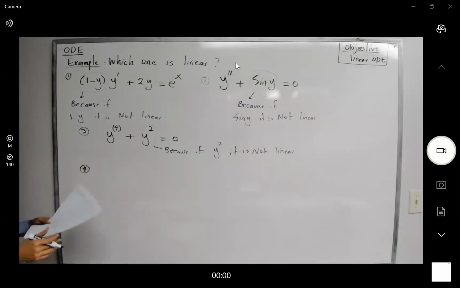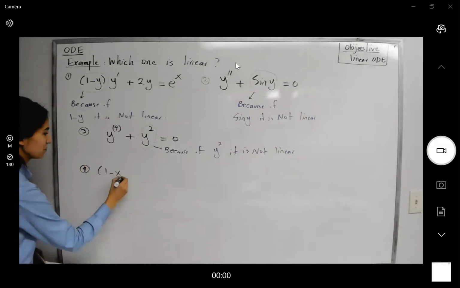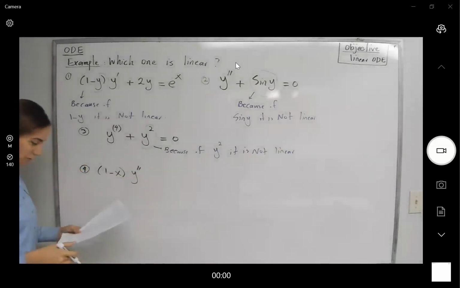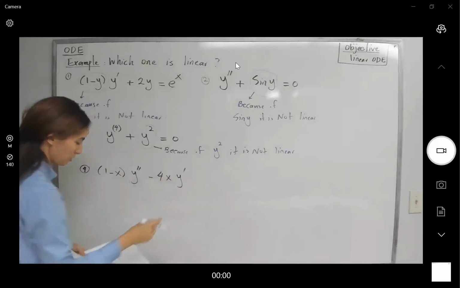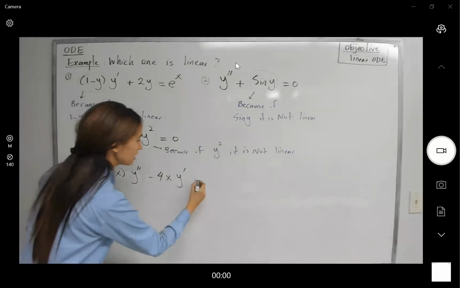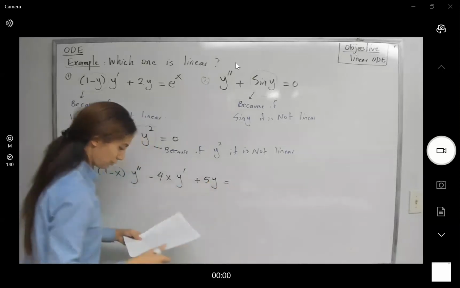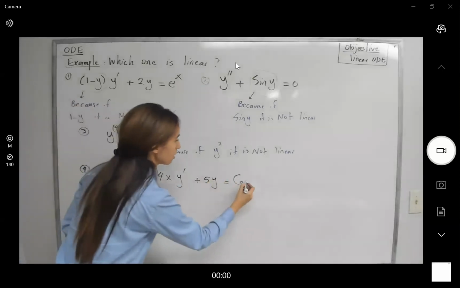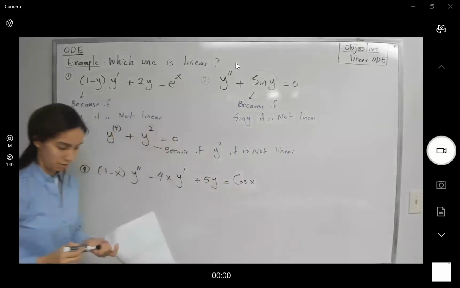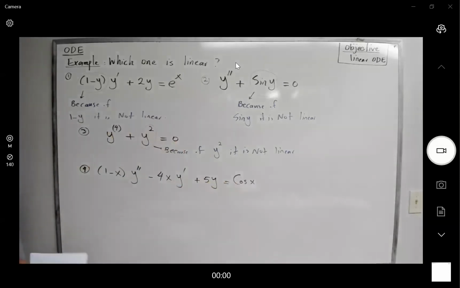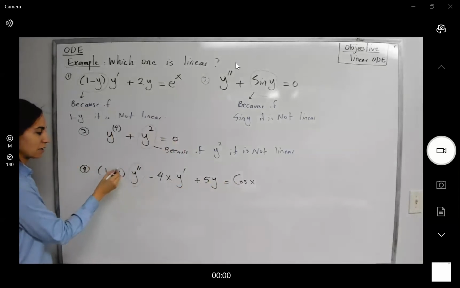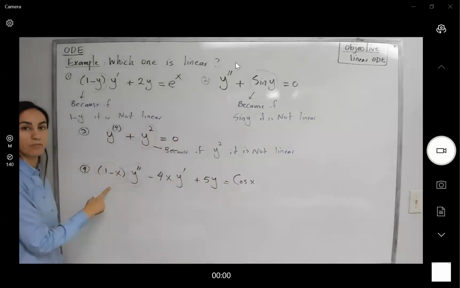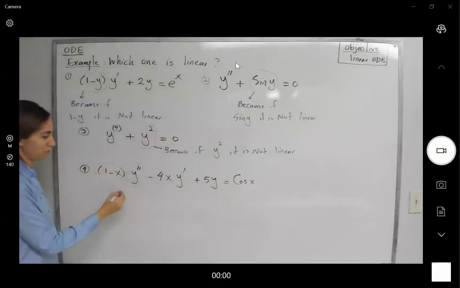Another example for you. Here we have 1 minus x times the second derivative of y minus 4x y prime plus 5y equals cosine of x. Let's see what we have here. We have the derivative of y and an expression in terms of x. So far, so good.